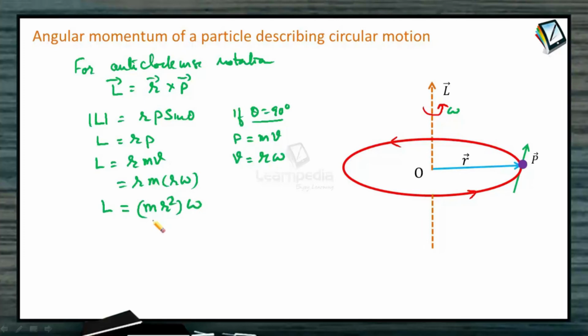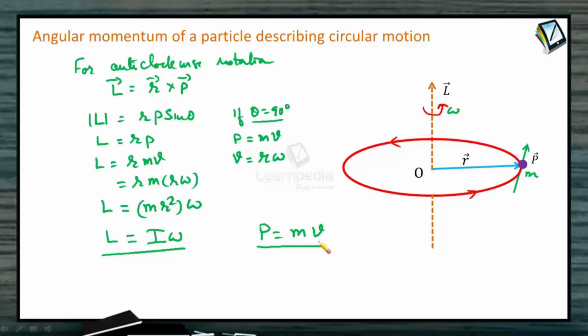Since we have only one particle here, mass of the particle is m, so m r square omega. M r square is nothing but the moment of inertia of the particle, so it can also be written as L is equal to I omega. So in analogy, linear momentum is mass into velocity, v is the linear velocity, and angular momentum is I into omega, omega is the angular velocity.